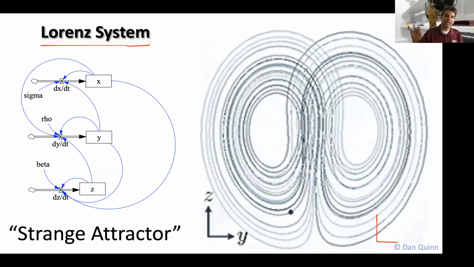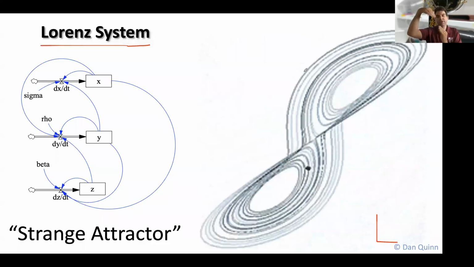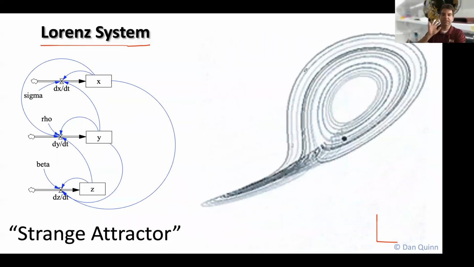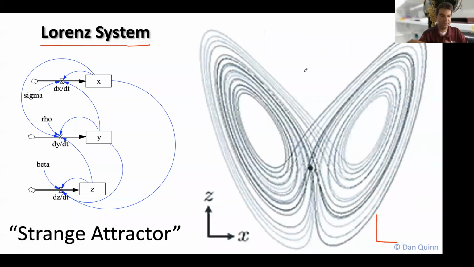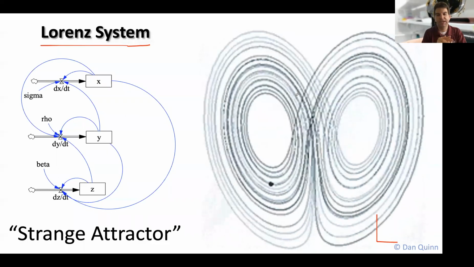This is bundling those things together, taking this relationship between X, Y, and Z and plotting them in 3-space. Now it's showing you this 3-dimensional relationship between the variables, and it's rotating it in these different planes. So you can see what X and Y look like, what Y and Z look like, what X and Z look like, and so on. This is the so-called Lorenz Attractor, and it does kind of look like a butterfly, but that's not related to the butterfly effect.